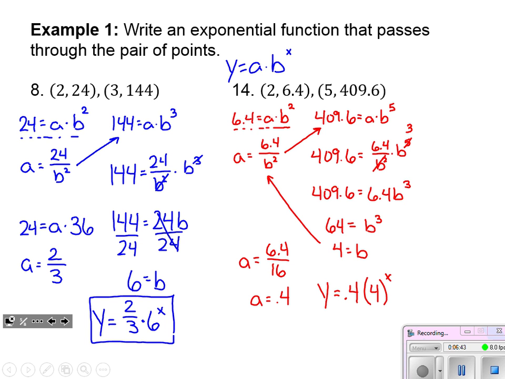If I take 0.4 times 4 to the second, I get 6.4. And if I take 0.4 times 4 to the fifth, I get 409.6. So our exponential equation that we came up with contains both those points that we started with. So pretty easy check to type those into a calculator.